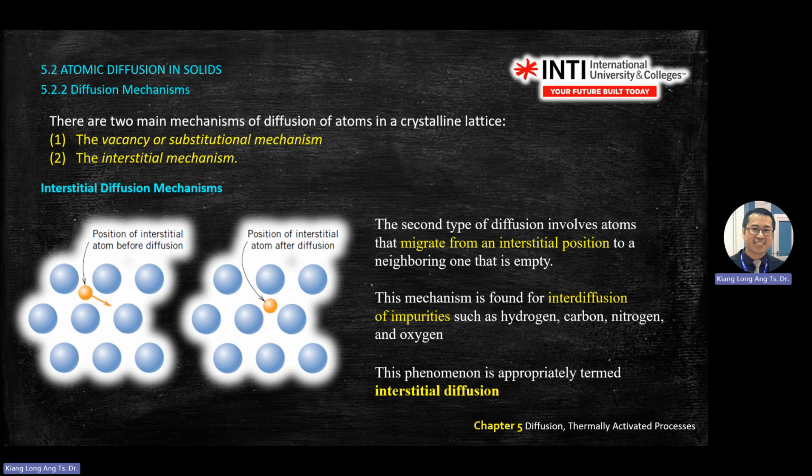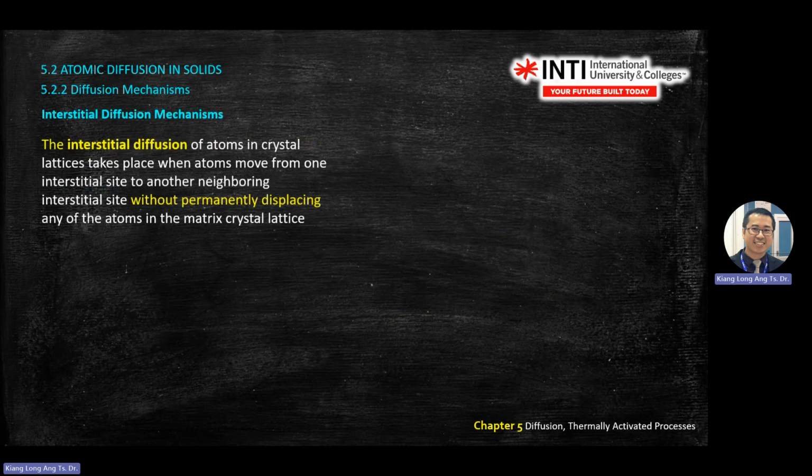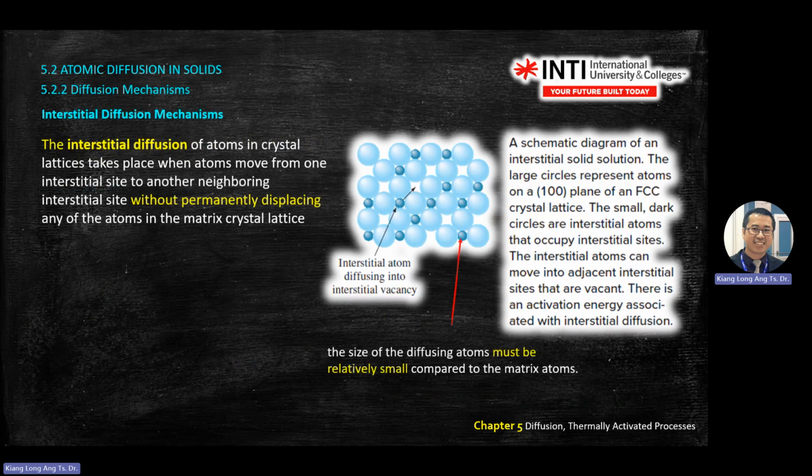When you have a smaller radius of atoms compared to the host. The orange one must be smaller than the host, which is the blue one. Then only can interstitial happen. The rest you read.